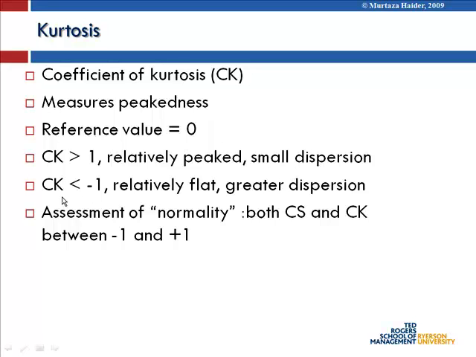But if you have a value less than -1, then you have relatively flat data and greater dispersion. So whenever you have very high variance in your data set, the coefficient of kurtosis would be approaching -1 or lower. And if you have very highly peaked data and all the observations are concentrated in a very narrow interval, then the coefficient of kurtosis would be approaching +1.